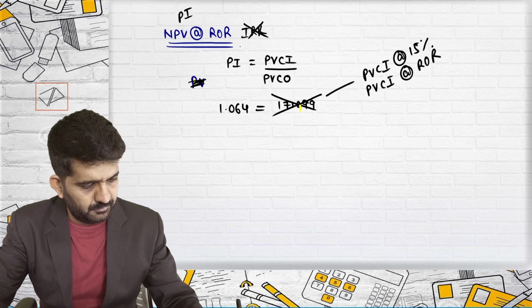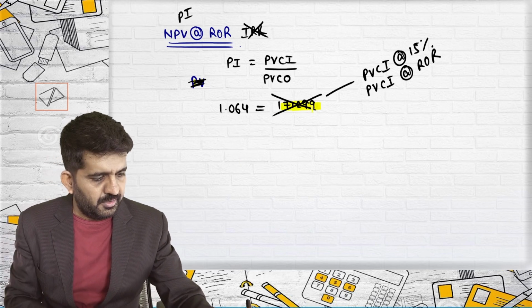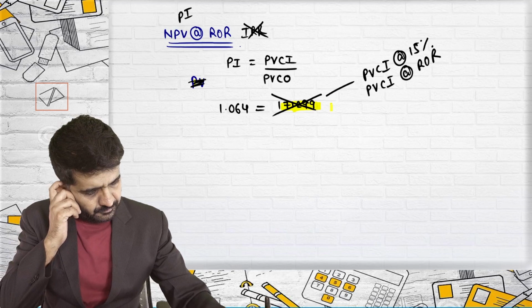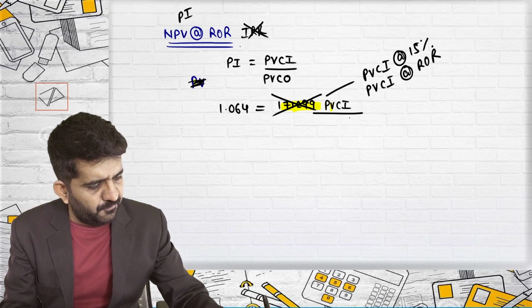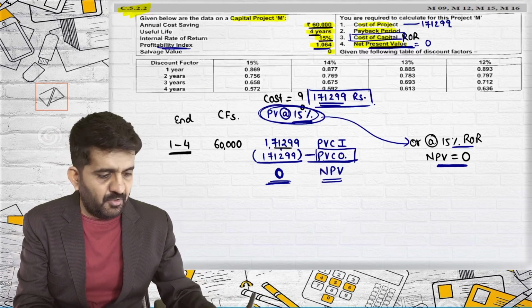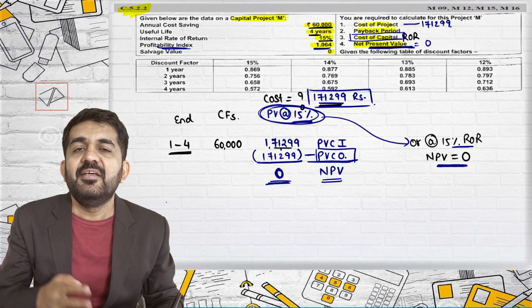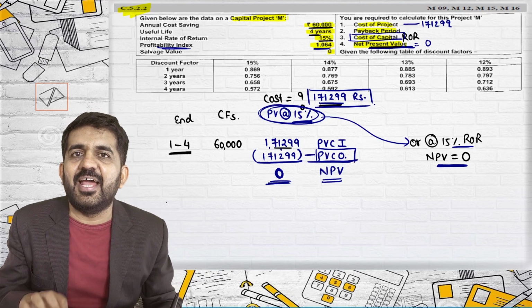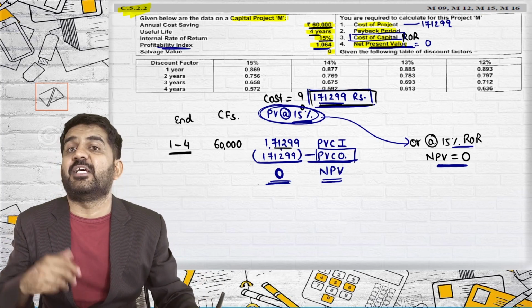So what is happening? PI is present value of cash inflow divided by present value of cash outflow. Present value of cash outflow is 171,299. At 15%, at 12%, at 10%, present value of cash outflow is always the same present value.